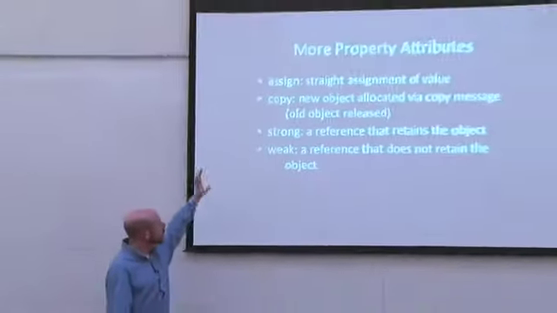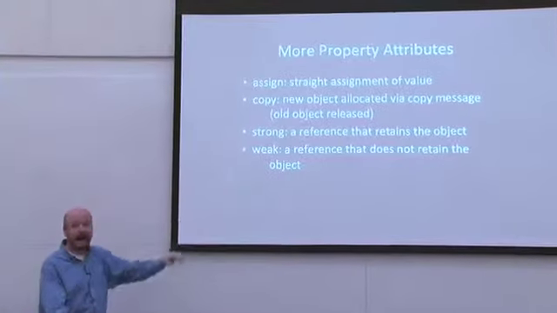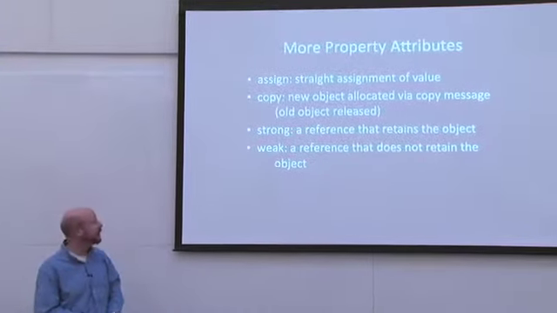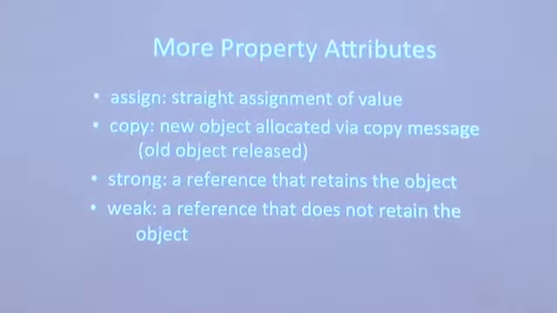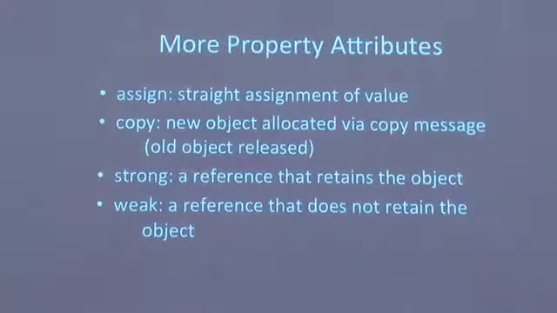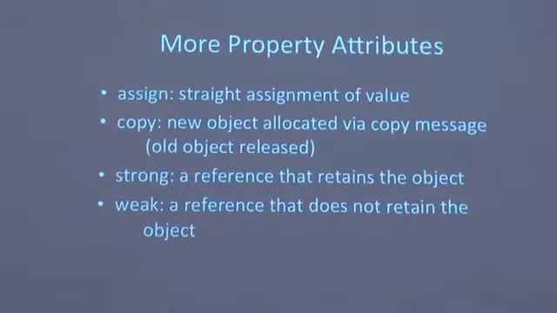All right. A few more property attributes you should know about, but we aren't going to have to worry too much about the details today. There are 4 attributes for how the memory is managed when you allocate an object. And it's actually not when you first allocate it, it's when you use it later, but we'll see that. So assign says that this property is going to just use the equal sign to set this to that.